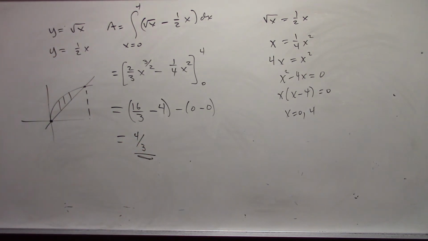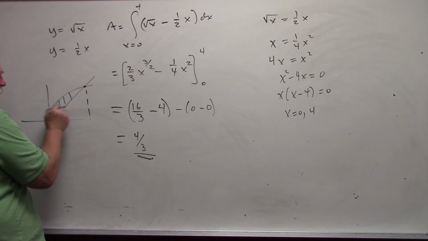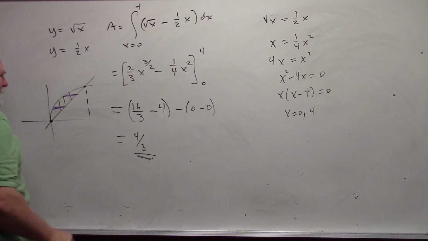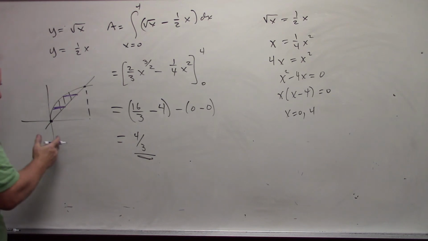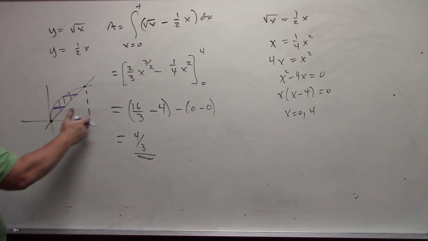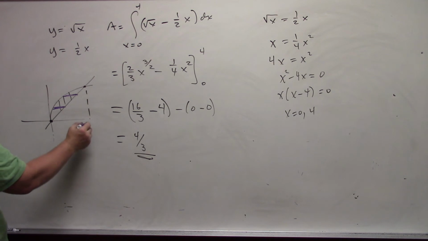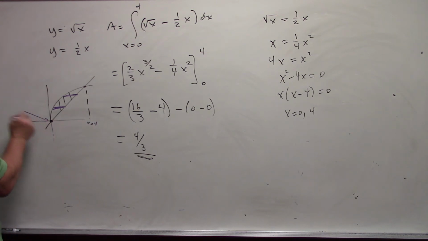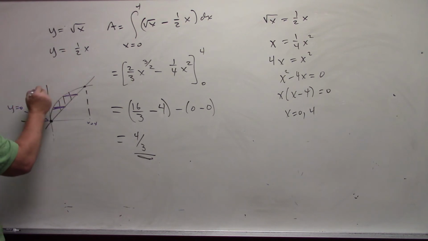Now, another way I could have done this problem is I could have looked at this in terms of rectangles that went horizontally, like that. And instead of going from x equals 0 to x equals 4, as we did originally, now I'm going to go from y equals 0 to y equals 2.